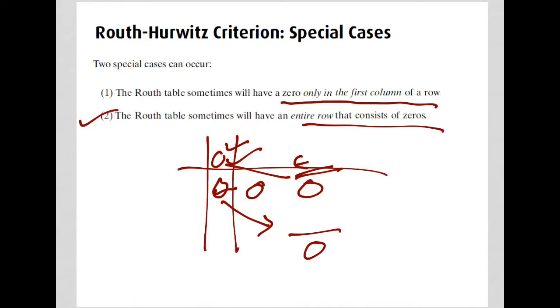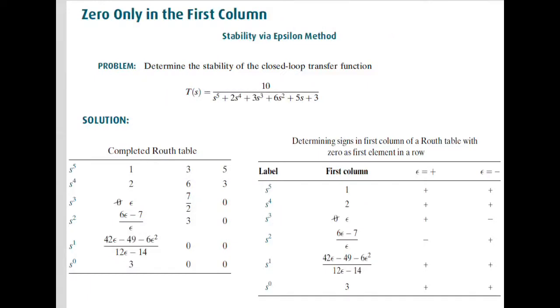We can explain this with a small example, that of a 0 in the first column. We have to determine the stability of this closed loop transfer function. We can form the Routh table, starting with S5, S4, S3, S2, S1 and S0.